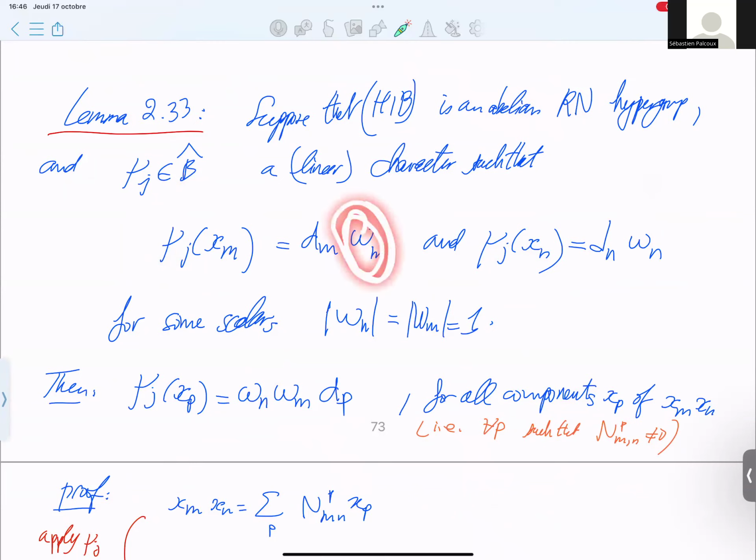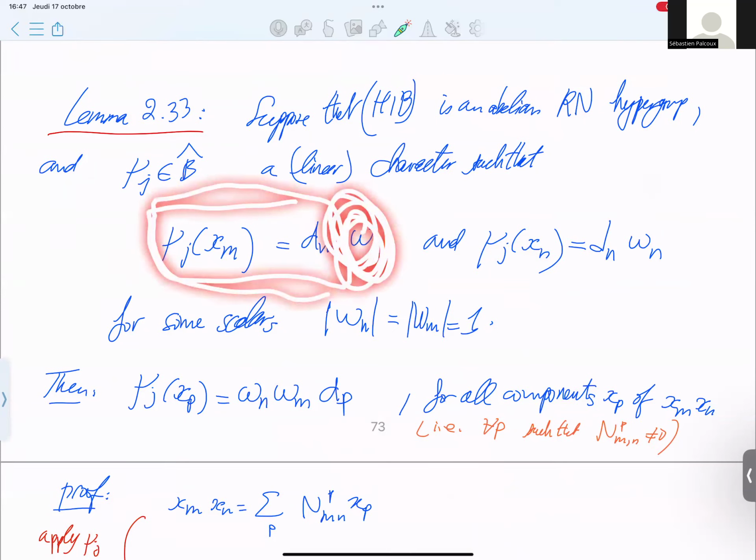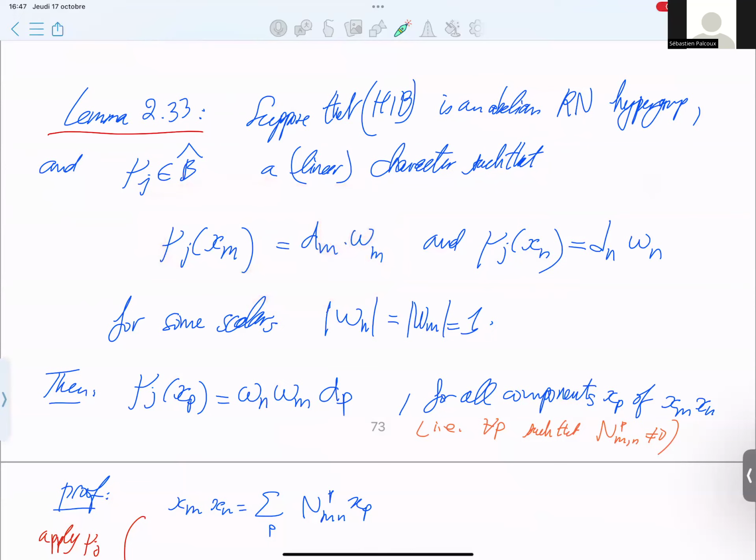It's almost the Frobenius-Perron dimension, but up to a root of unity, up to something of modulus 1.